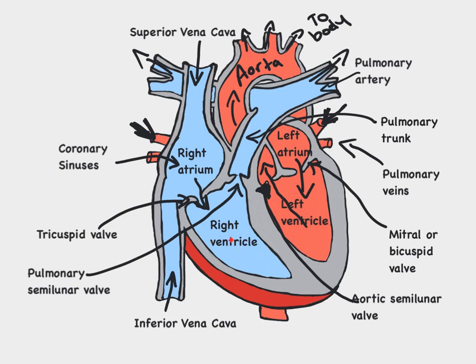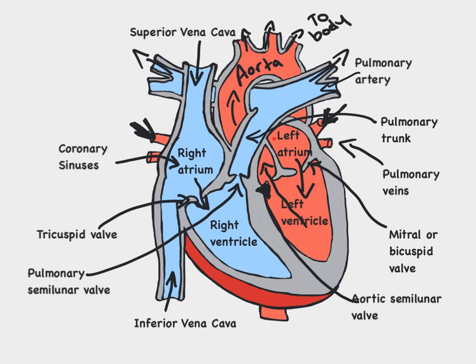From the right ventricle, the blood is then going to go through the pulmonary semilunar valve and into the pulmonary trunk. The pulmonary trunk is going to take that blood to the pulmonary arteries, where the blood is going to go to the lungs, get oxygenated, and come back to the heart through these pulmonary veins.